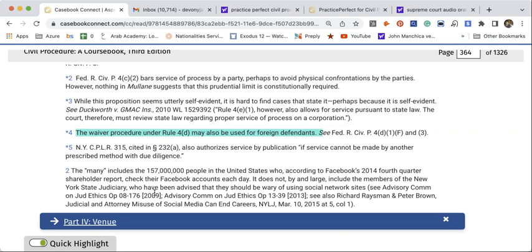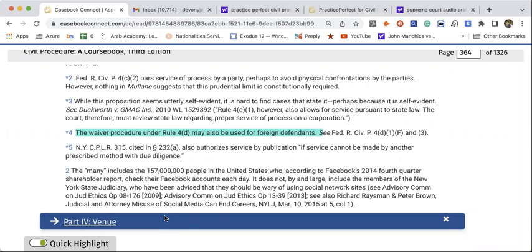It does not, by and large, include the members of the New York State Judiciary, who have been advised they should be wary of using social network sites. See Advisory Committee on Judicial Ethics Opinion 08-176 (2009), Advisory Committee on Judicial Ethics Opinion 13-39 (2010).